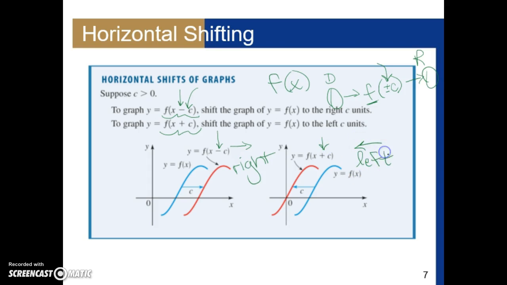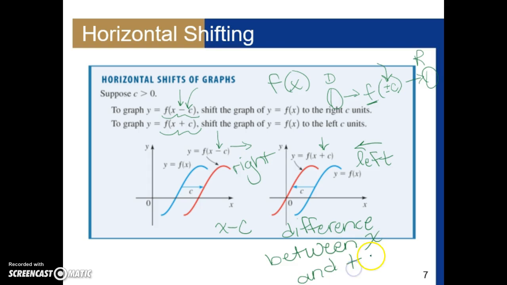And so let me explain why that is true, because the quantity x minus c means the difference between where I started with x and positive c. The difference between x and positive c. So that is a positive movement along the x-axis.